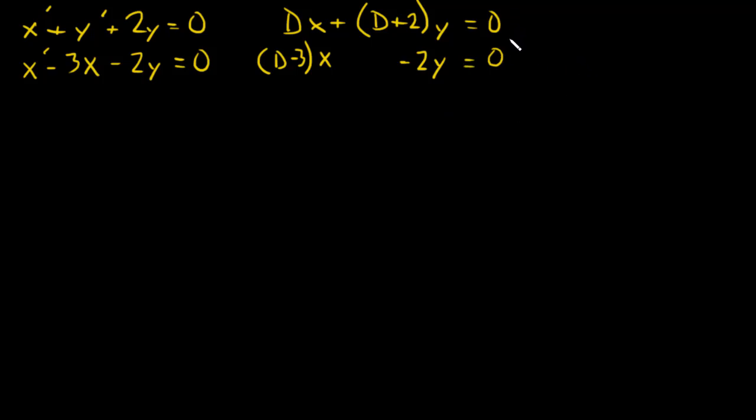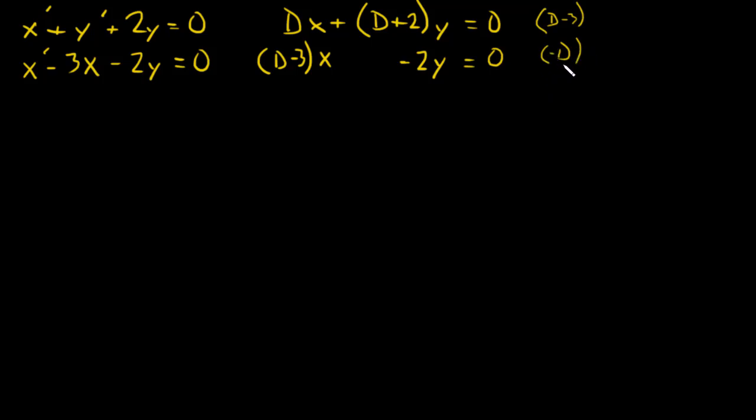No real reason, just that's what I did on my paper, so that's what we'll do here. So to drop the x's, I'm going to multiply the top one by d minus 3 and the bottom one by negative d. Okay?